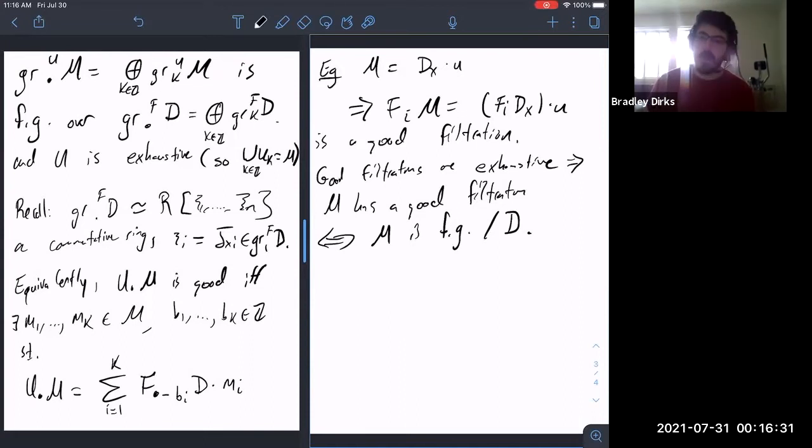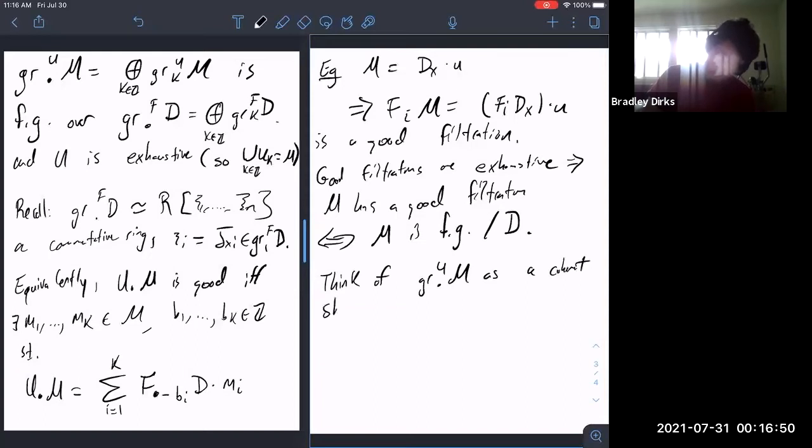Okay, and if you're doing it over an ambient complex variety, you would replace the words finitely generated with coherent, everywhere that it appears. But we should think of this gr bullet M as a coherent sheaf on X cross A^n. And what do I mean by that?